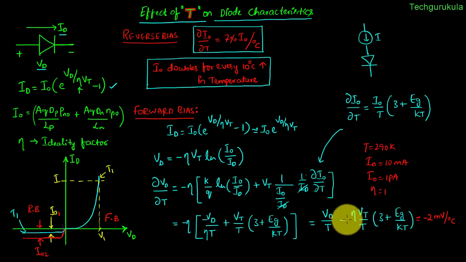And for silicon, practical measurement shows very close to minus 2.5 millivolts per degree centigrade. So from now on, we would take the variation of voltage across the diode with respect to temperature as minus 2.5 millivolts per degree centigrade. This means that, assuming a constant current through a diode, if temperature increases by 1 degree centigrade, the voltage across the diode would decrease by 2.5 millivolts.